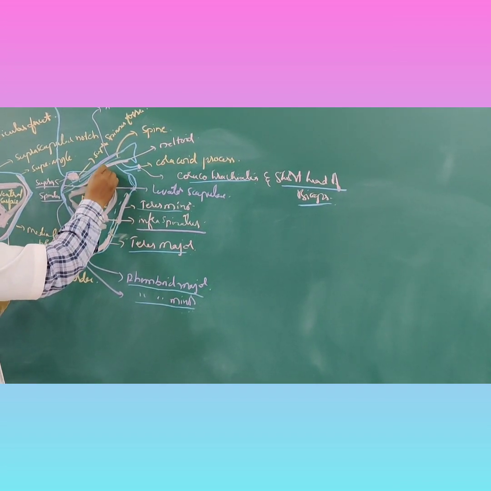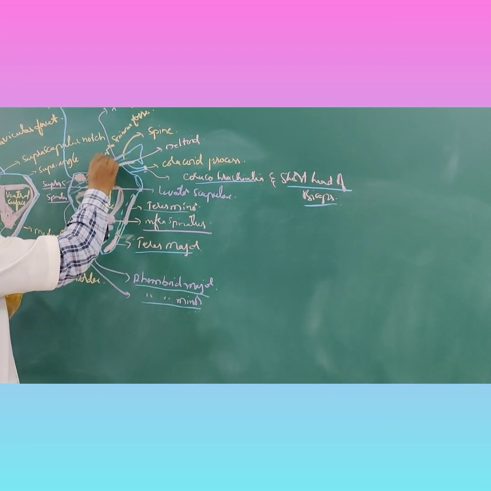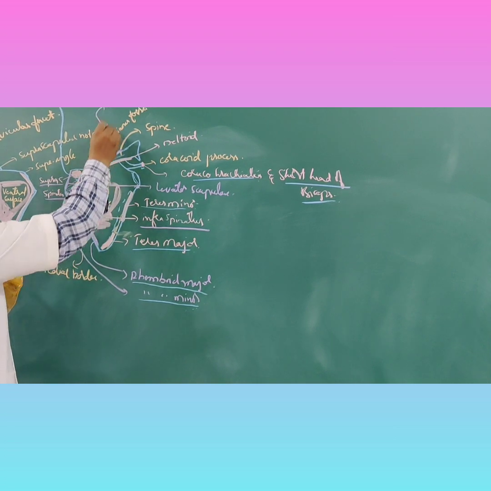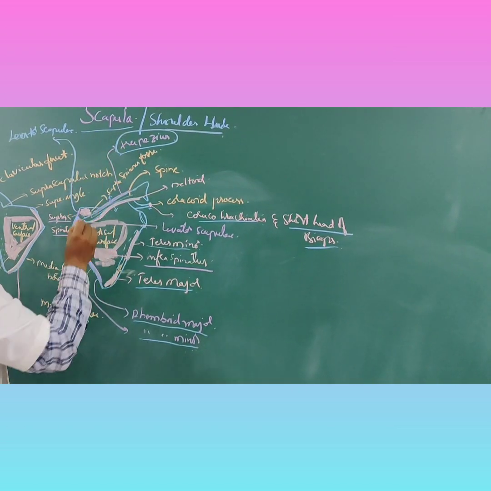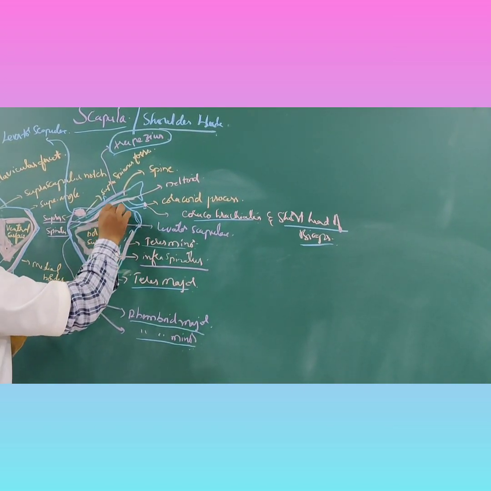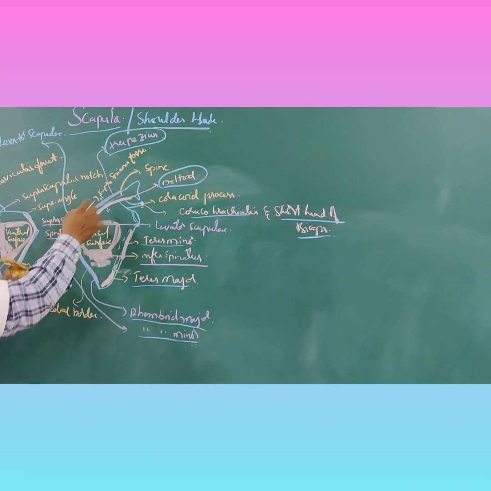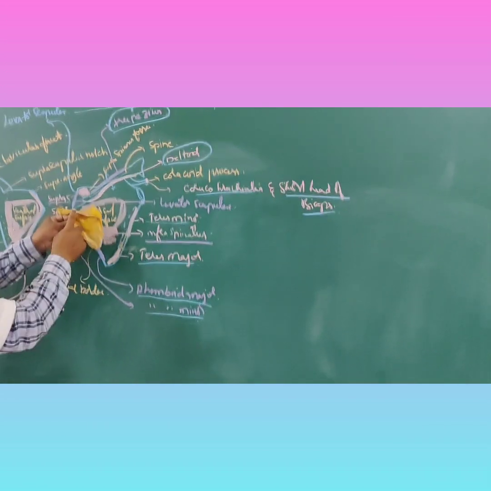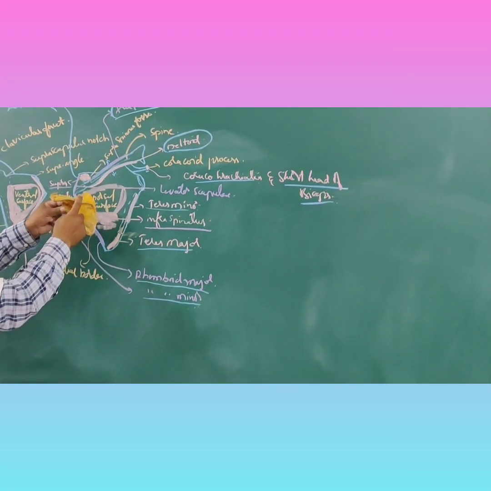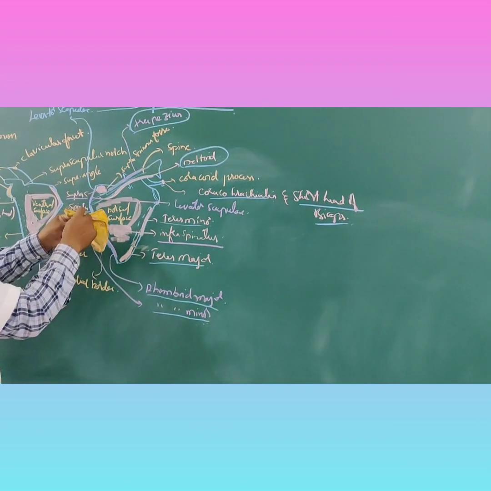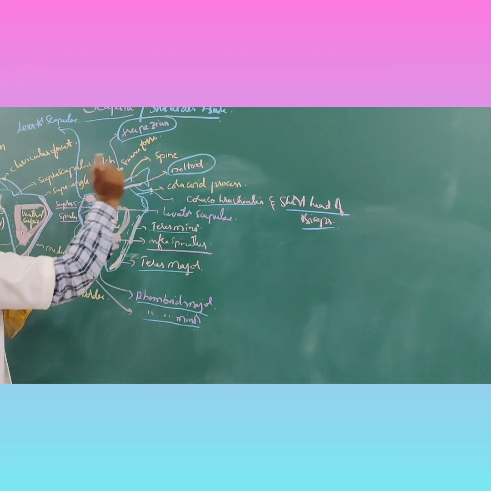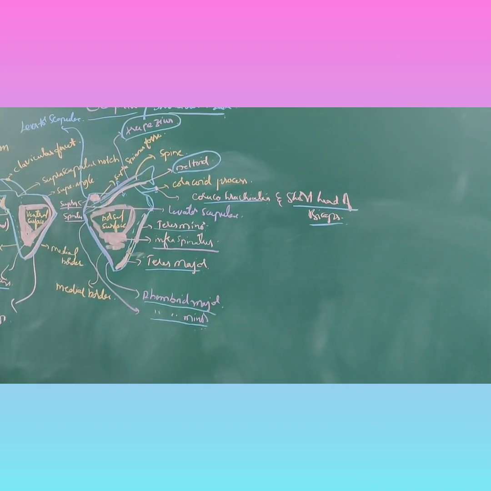It has two lips: this is the lower lip and this is the upper lip. The upper lip gives insertion to the trapezius muscle, whereas the lower lip gives origin to the deltoid muscle.